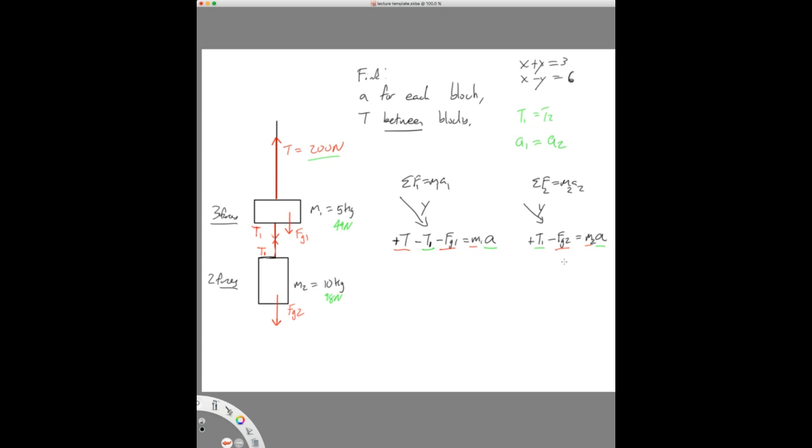In physics, it's more complicated because we have all of these symbols, but the structure is the same. How do you solve this in math class? There's two most common ways that we learn in math. Does anyone remember how to solve such a system?